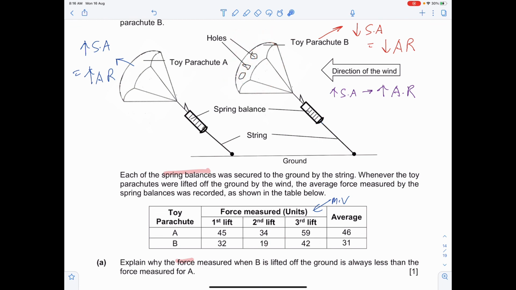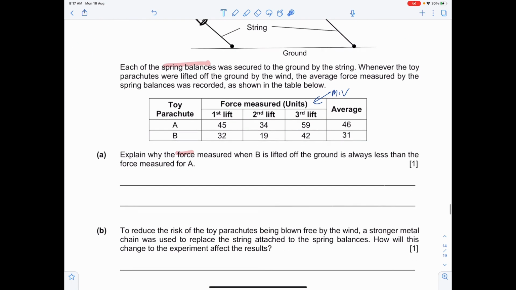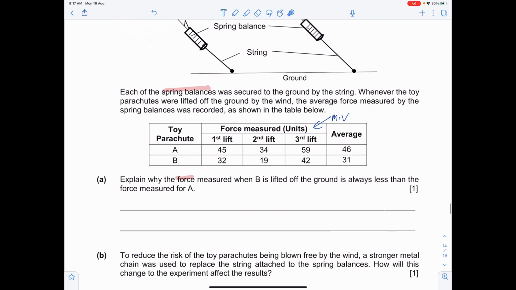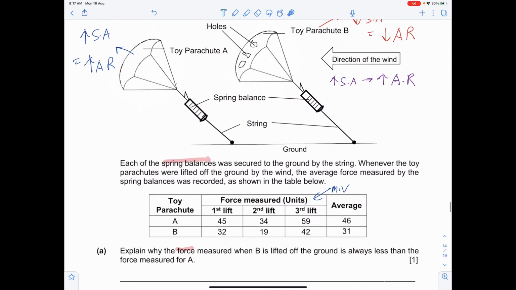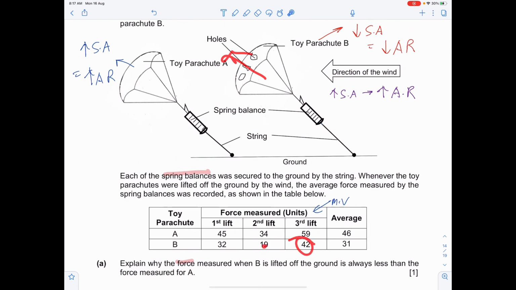So this will reduce the amount of air resistance, or friction between the parachute and the air. If you want to use air resistance, you do not need to use the term between, because air resistance is already within the definition of that term. You know that it's due to air. Because it allows air to go through, it's always lesser.